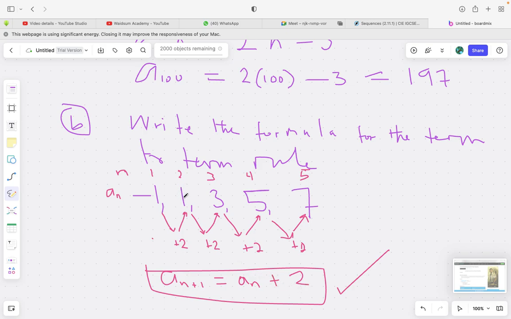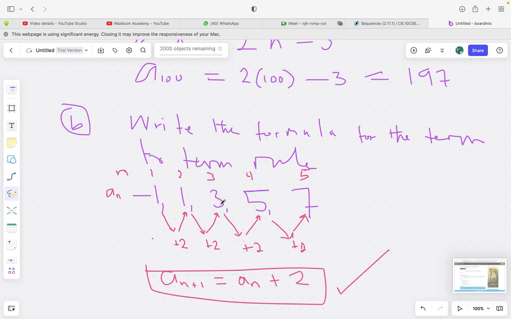If you want to get the third term, you say the second term, which is 1, plus 2. 1 plus 2, you get the third one. After you got the third one, to get the fourth one it will be a3 plus 2.